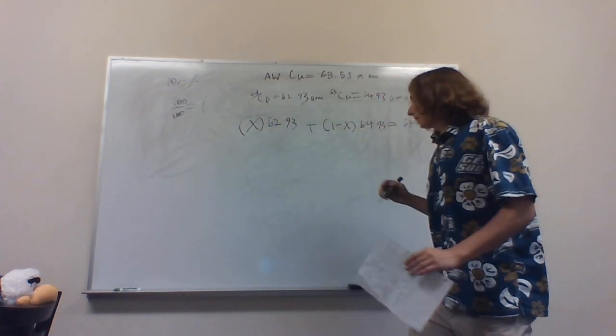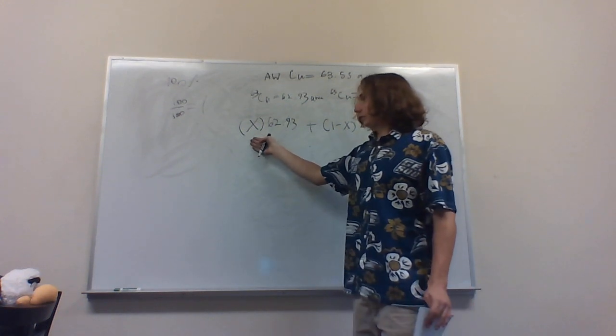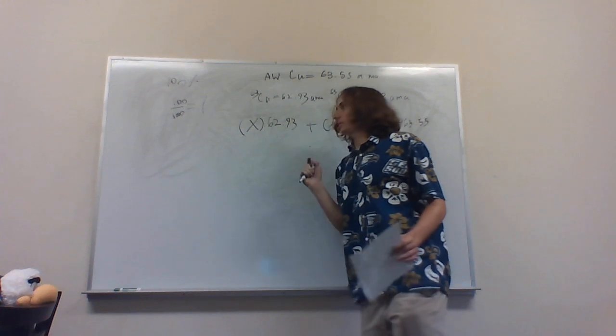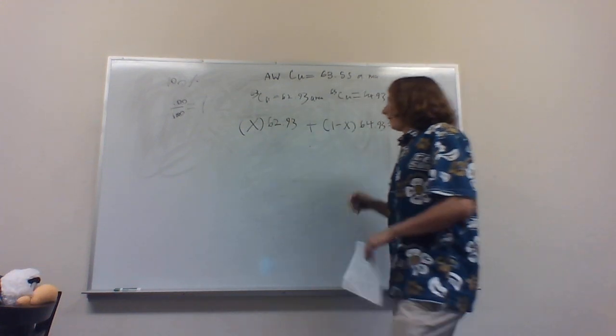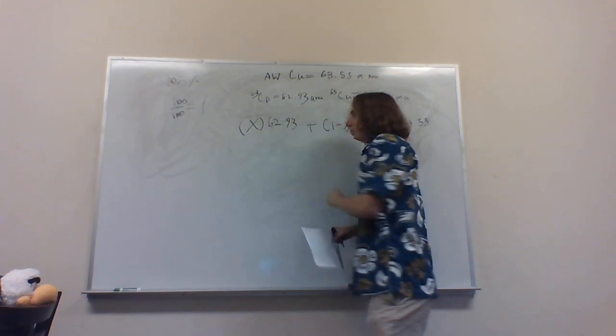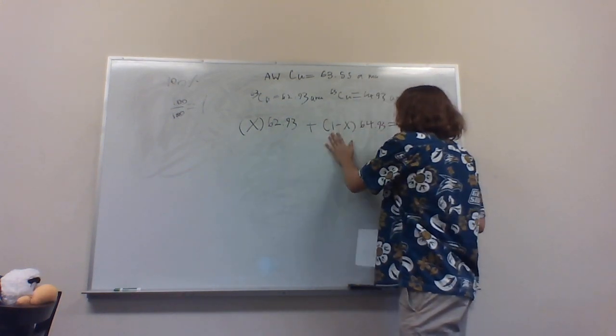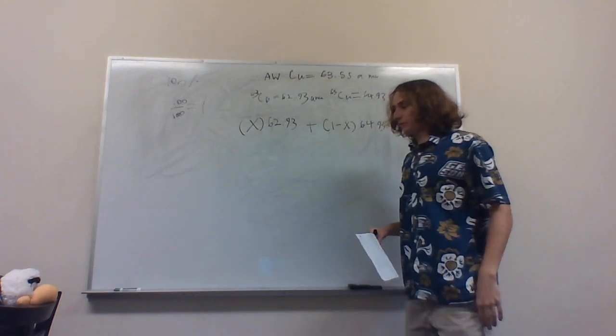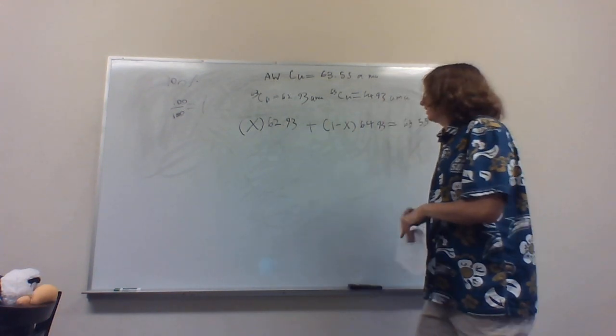So our two percentages will add up to 1, or 100%. So we can find the natural abundance of this isotope, and then we just subtract that number from 1 to find the abundance of the other. Does that make sense?